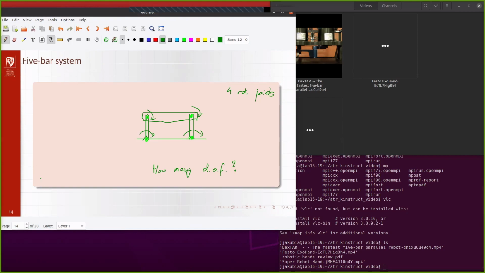Okay, so let's start with a simpler case that you already know. Let's make it just a serial manipulator. One joint, second joint, third joint, and let's say that's the end effector. We have the same number of joints.